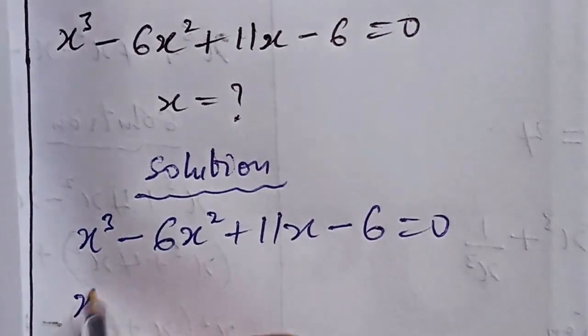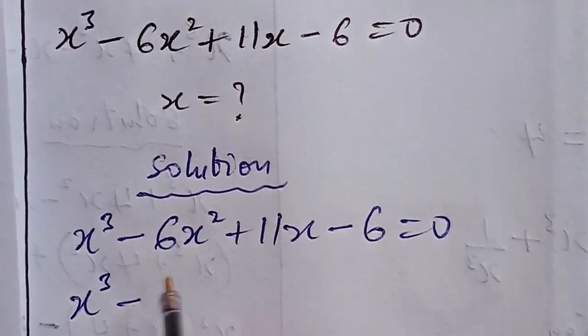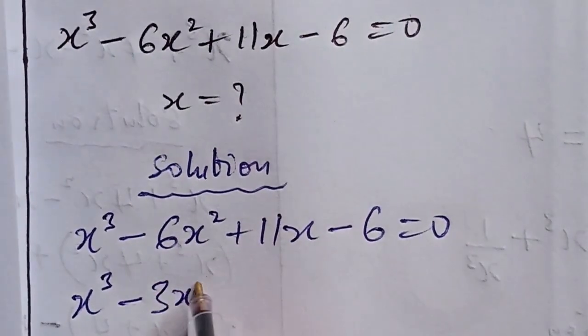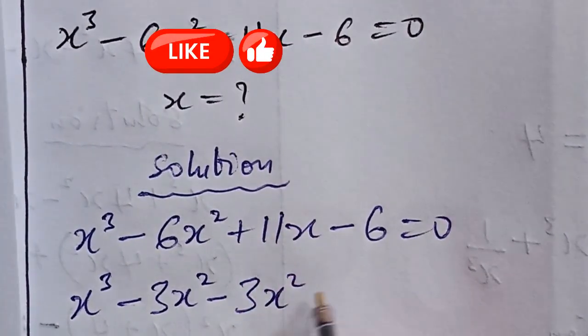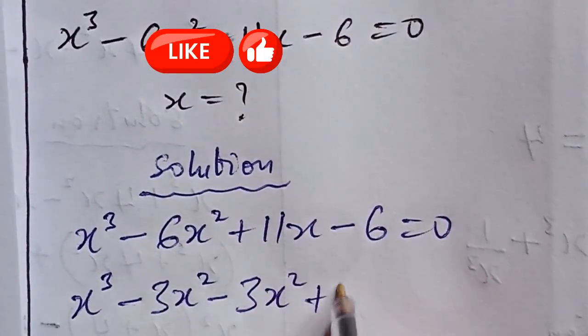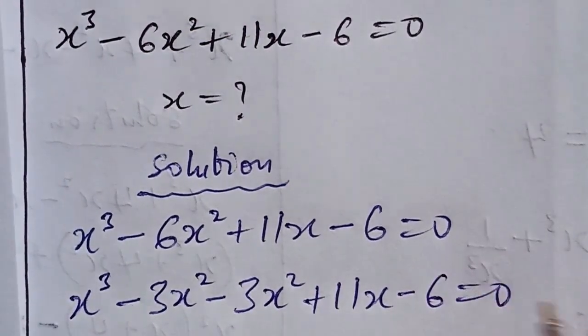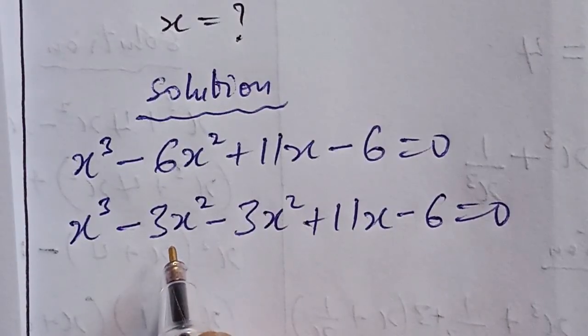We have x cubed minus, so we can split this as 3x squared minus 3x squared, then plus 11x, then minus 6 equal to 0. So now let's group this.